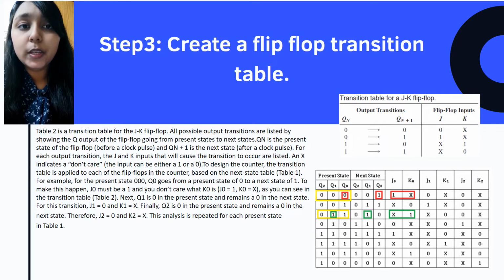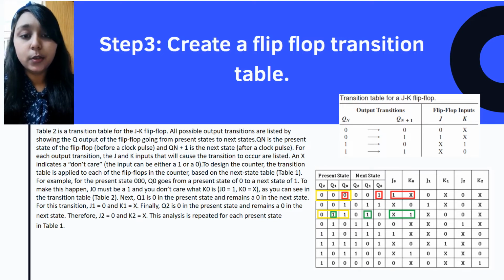Next, Q1 is 0 in the present state and remains a 0 in the next state. For this transition, J1 equals 0 and K1 equals X. Finally, Q2 is 0 in the present state and remains 0 in the next state. Therefore, J2 equals 0 and K2 equals X, and the analysis is repeated for each present state in Table 1.